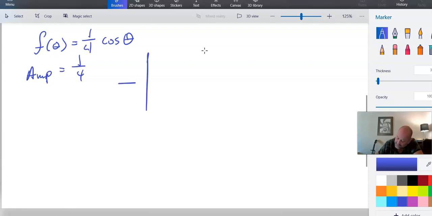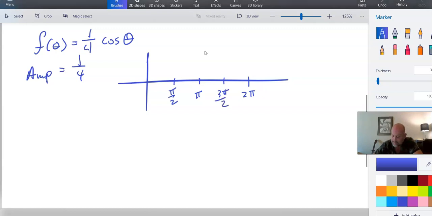So if I'm going to graph this, I need all my same points. And if 1 is up here, then we'll just say that's 1/4. That means I only go this high.